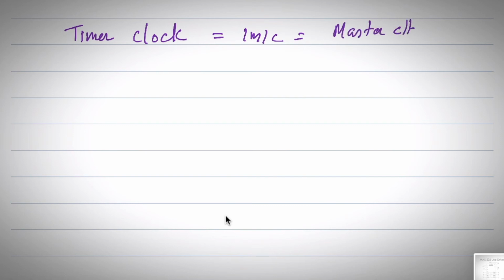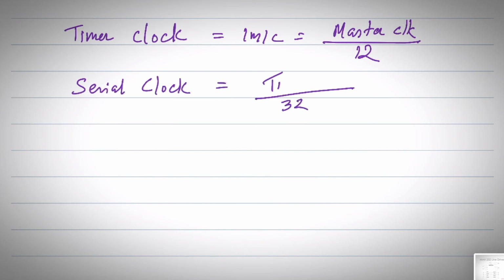Similarly, you have a serial clock, which is the timer clock divided by 32. When we use this timer for serial communication, the timer will be counting at the rate of the serial clock only.